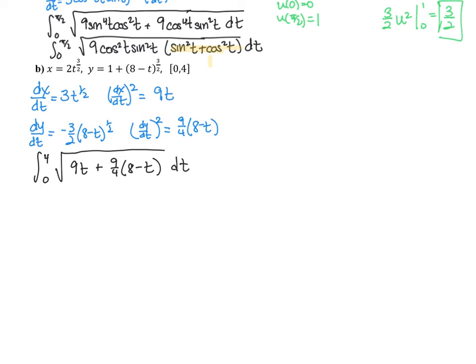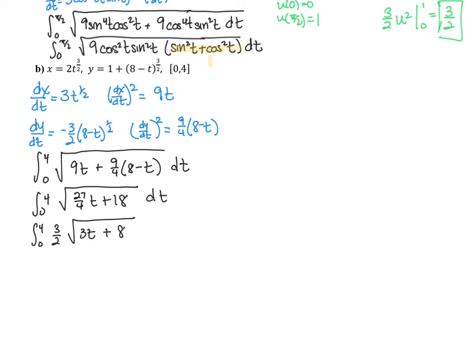If I combine like terms, we're going to get the integral from 0 to 4. That'd be 2 divided by 4 would be 18, and then 9t minus 9/4t. So I've got 27/4 t plus 18 dt. Let's simplify it one more time. That'll be prettier. And that gives me 3t plus 8 dt.